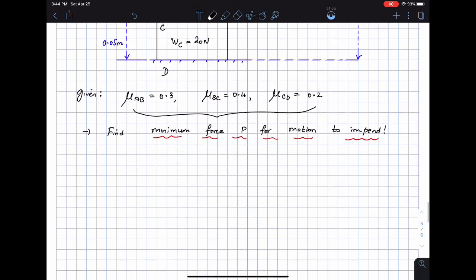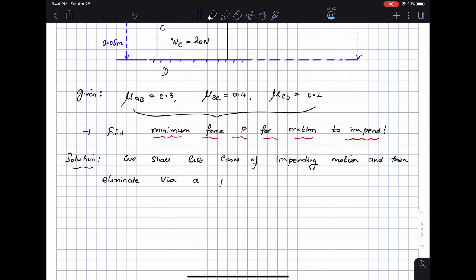The solution is done in the following manner. We shall list cases of impending motion, and then eliminate via a judicious choice.